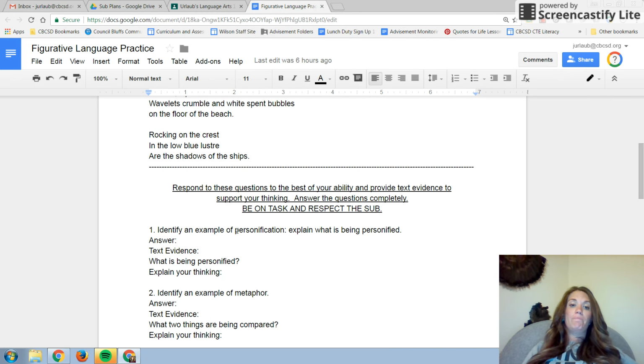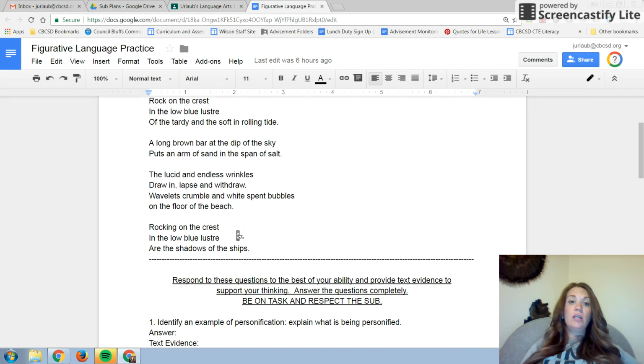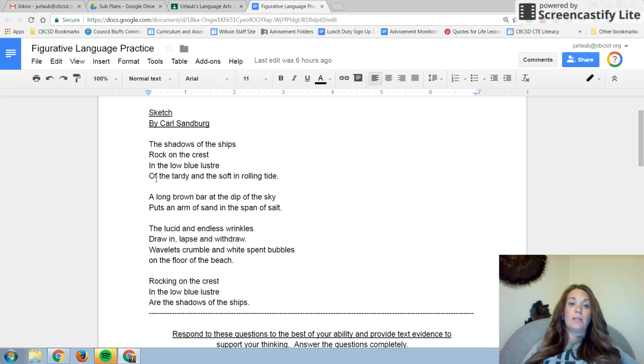So identify an example of personification. Remember, personification is when you give an inanimate object, which means an object that's not living, human-like qualities. Okay, so we're going to read through this. "Puts an arm of sand in the span of salt."